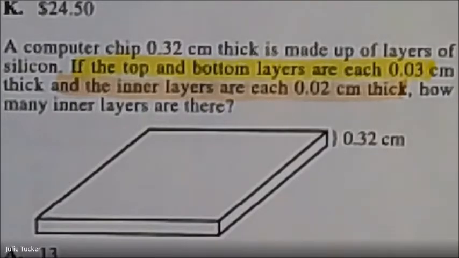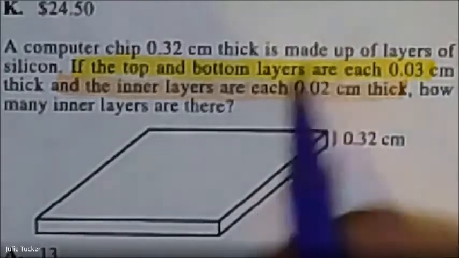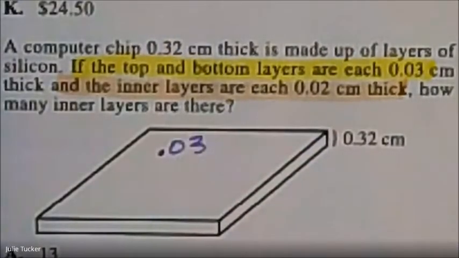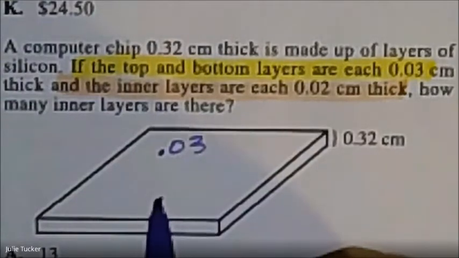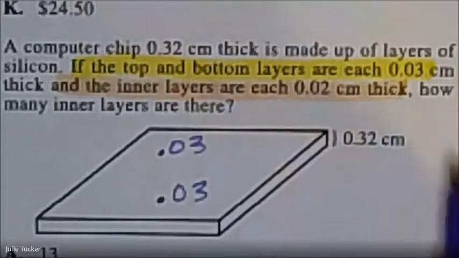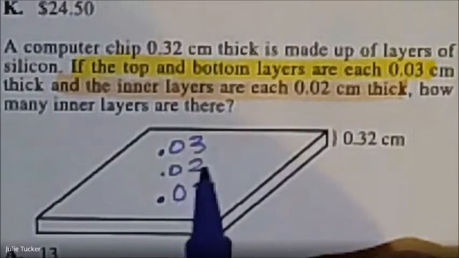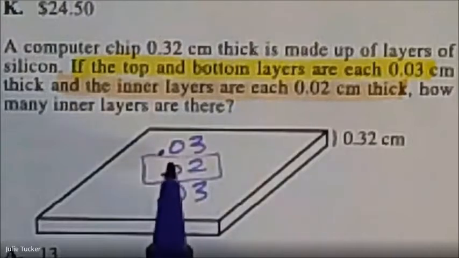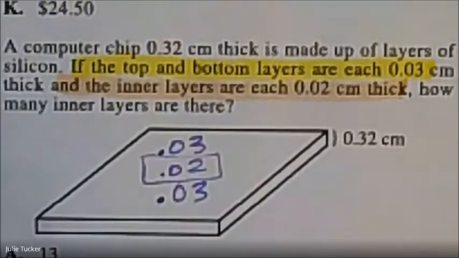How there's the 2 chocolate pieces on the top and the bottom, but there's filling in the middle. You know what I mean? Okay. So there's a 0.03 for the top, and there's a 0.03 for the bottom, and then there's 0.02 for the layers in the middle. And they're asking you, how many middle layers are there?